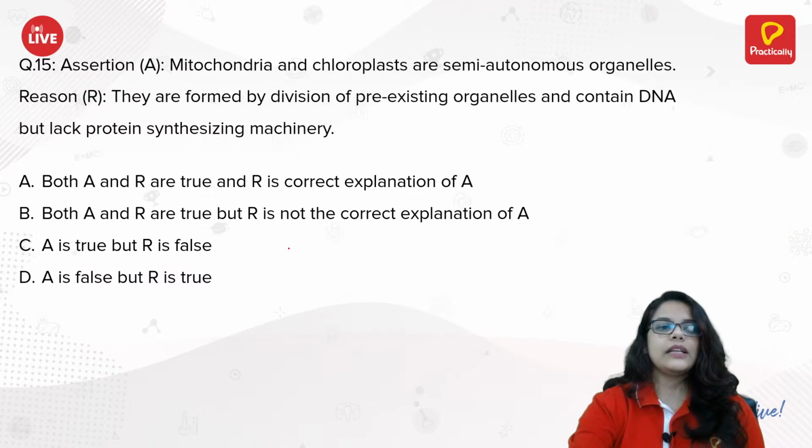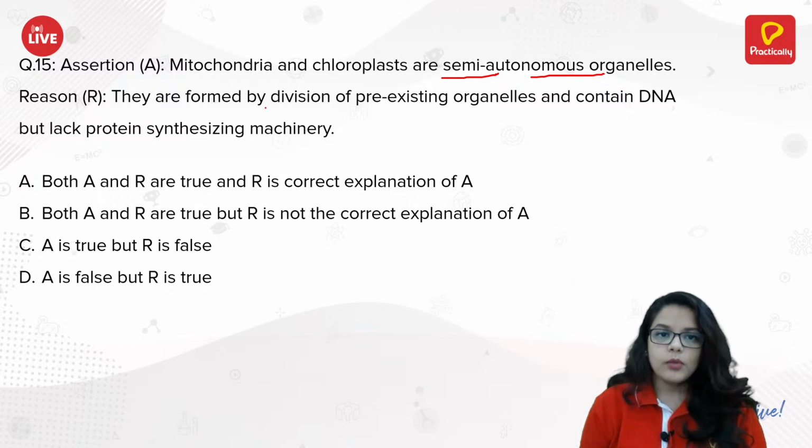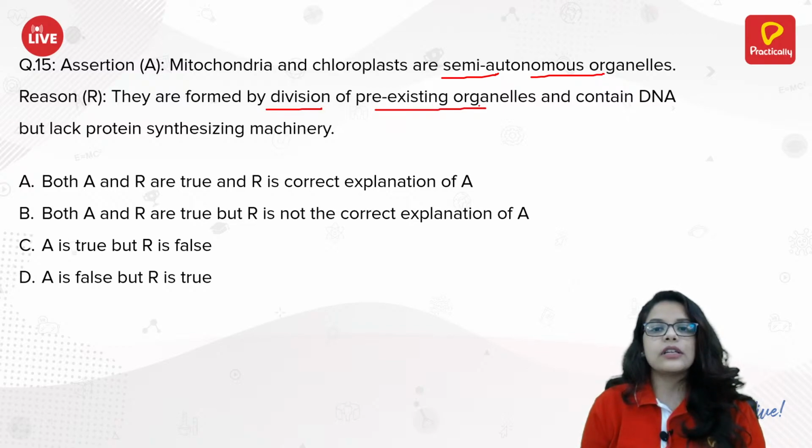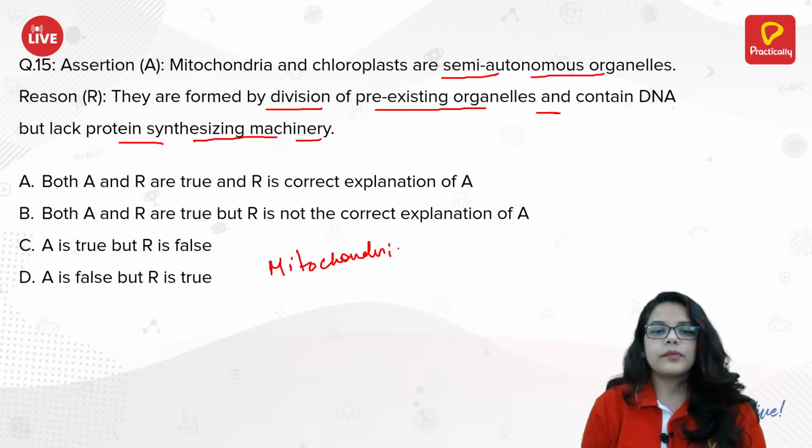Okay, next. Mitochondria and chloroplasts are semi-autonomous organelles. They are formed by division of pre-existing organelles and contain DNA but lack protein synthesizing machinery. Okay, so we know mitochondria and chloroplast have their own DNA.